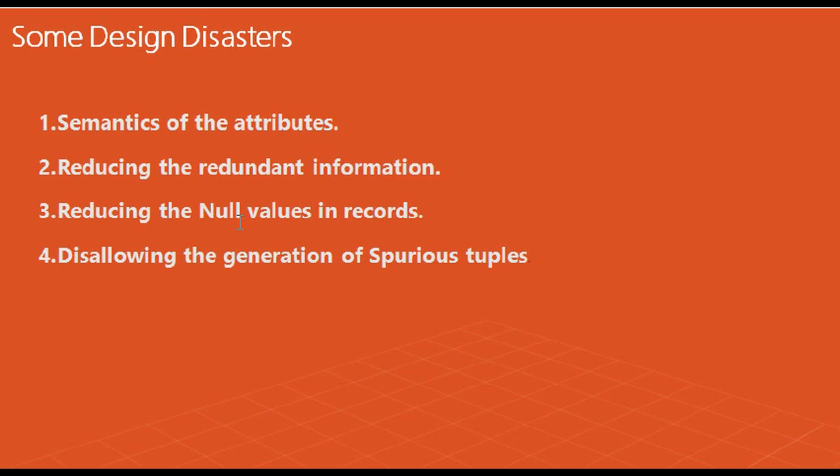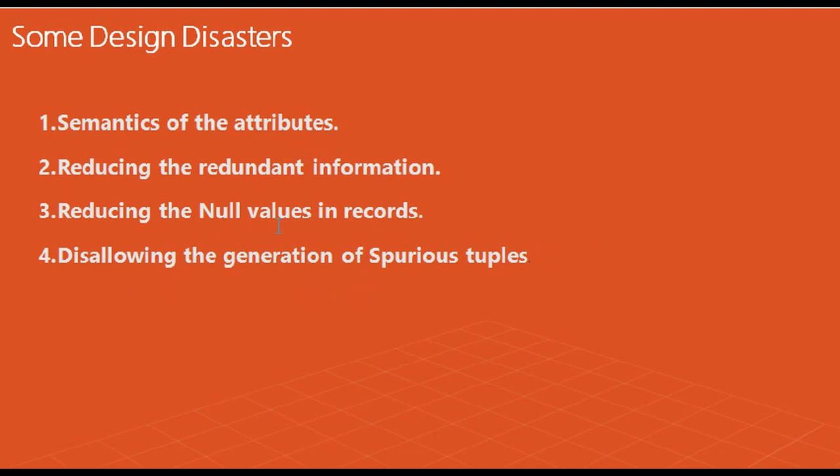Second is reducing the redundant information. This is very crucial. Third is reducing the null values in records. Fourth is disallowing the generation of spurious tuples. As we proceed, you will observe that points 3 and 4, null values and spurious tuples, are basically byproducts or side effects of the redundant information problem.